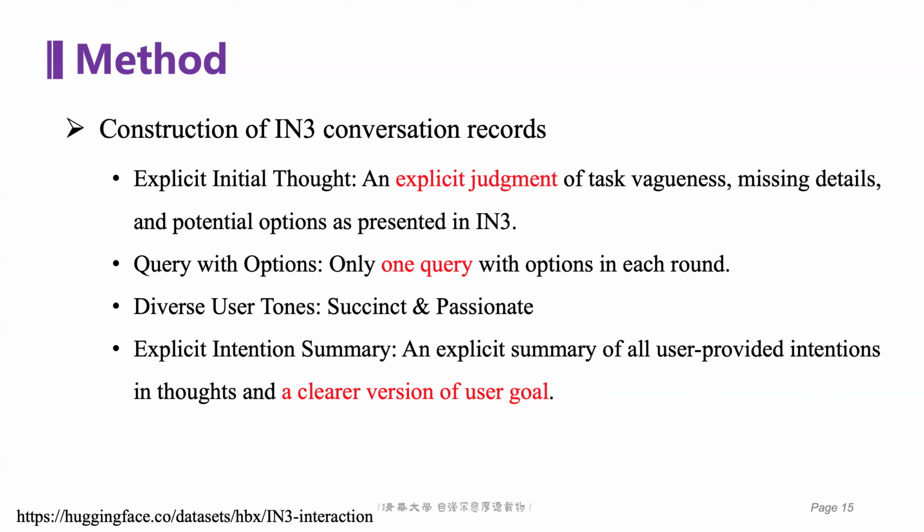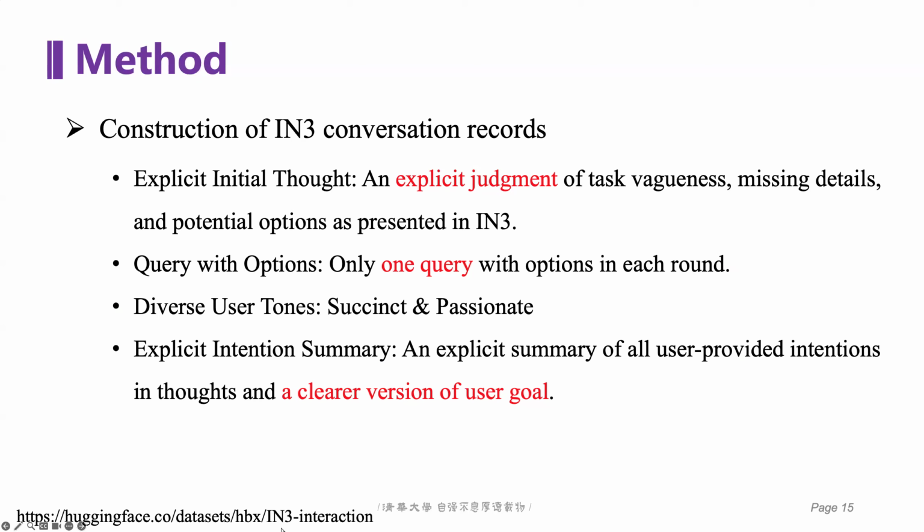And also, when constructing the conversation record, we have the agent query the user with proper options. That is only one query with options in each round, to guarantee that the user is willing to answer, and to make the interaction more user-friendly.